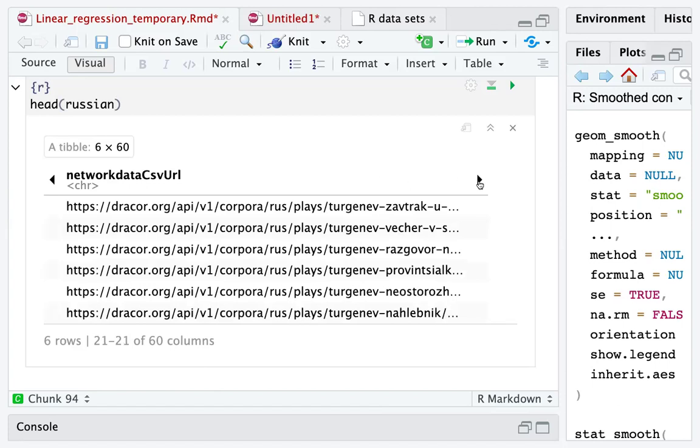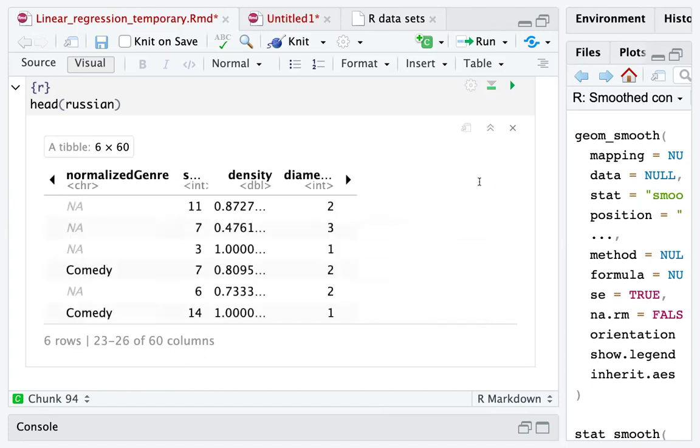I should read it. But if you go to the website, you can read what all these columns mean.